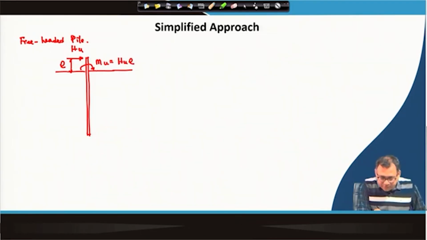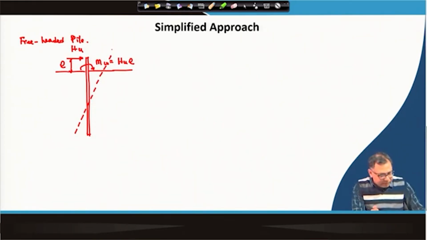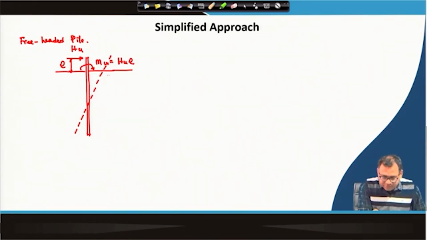So, it is assumed in this simplified approach that this pile will definitely rotate, because it is a free headed pile. So, it will rotate like this. So, in the upper portion there will be a passive resistance, and in the lower portion there will be a passive resistance. So, that means here the distribution is something like that.